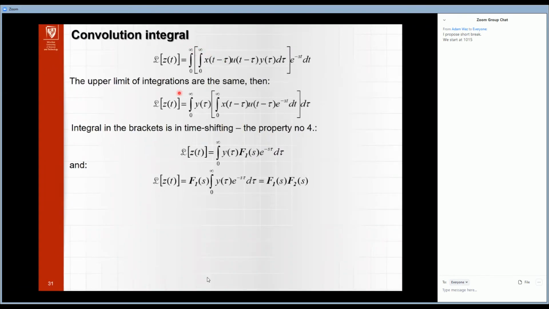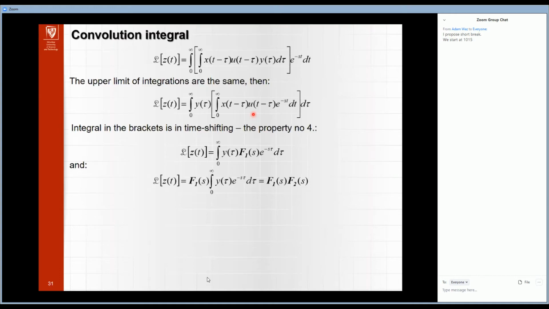So when the upper limits of integration are the same, we can put this function before the brackets, and we know that this is just time shifting.